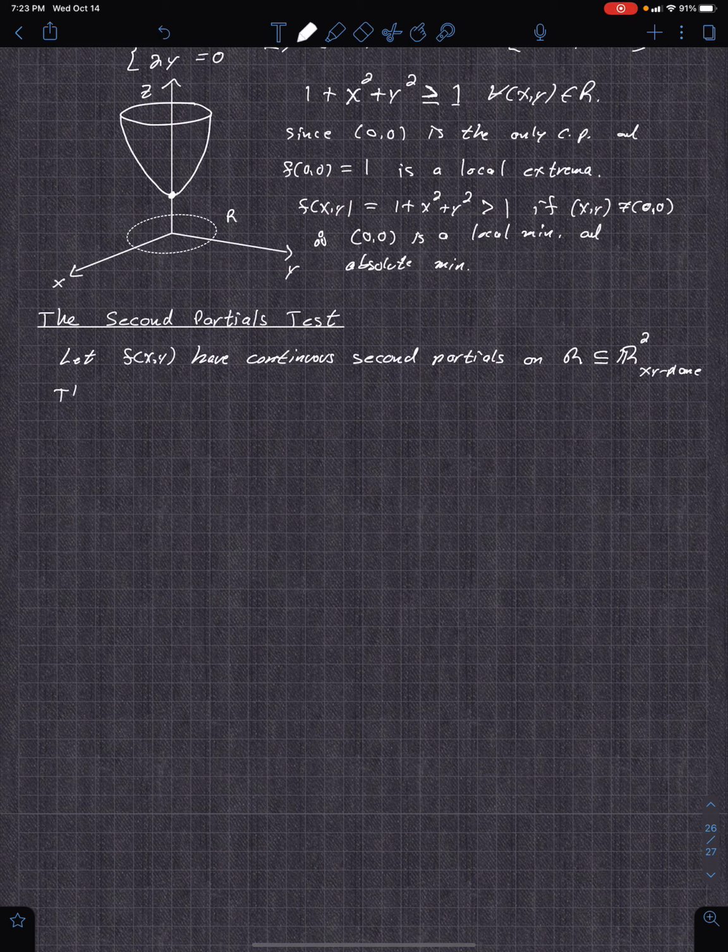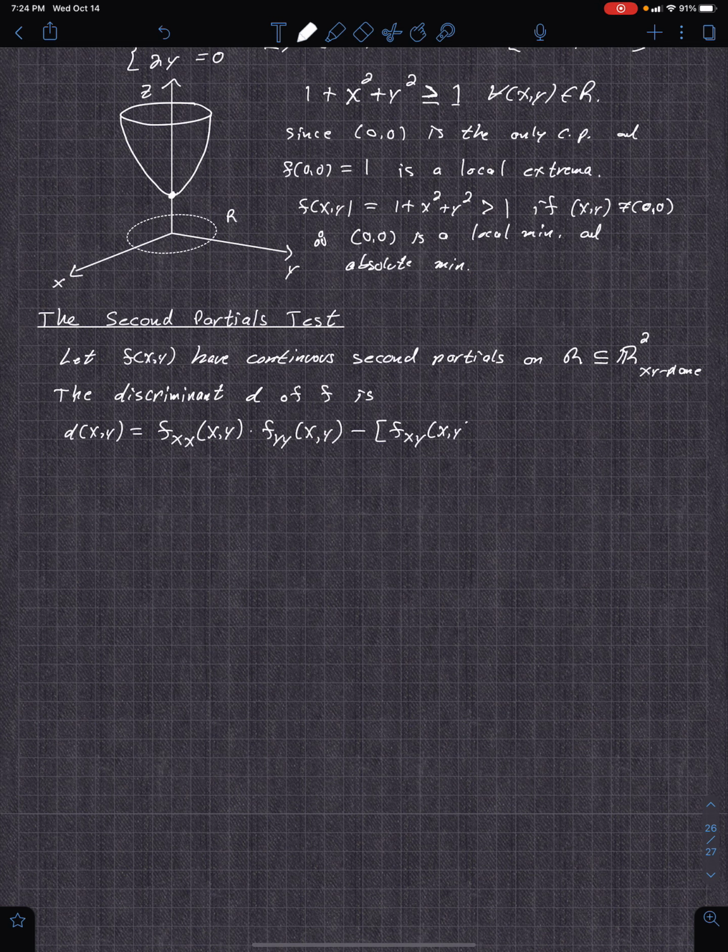We need to define something called the discriminant. The discriminant D of f is defined to be this: D(x,y) is equal to the second partial of f with respect to x of (x,y) times the second partial of f with respect to y of (x,y) minus the mixed partial squared.